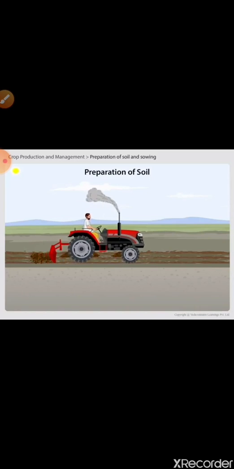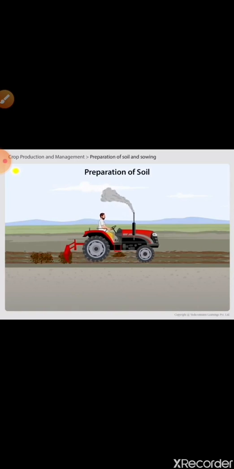This slide is about sowing. Sowing means how farmers sow the seeds in the land and how these seeds convert into good crops. Before sowing the seed, we have to check, children, whether that seed is of good or bad quality.